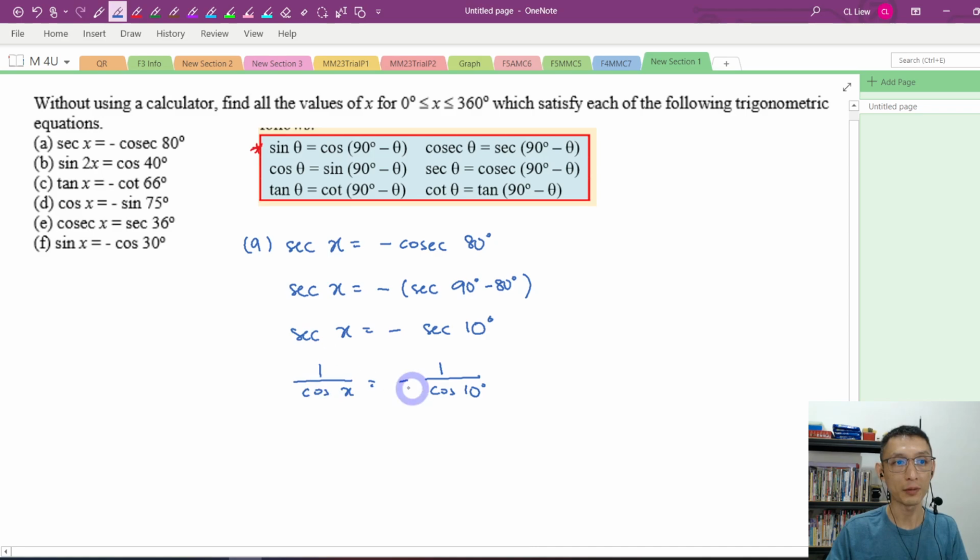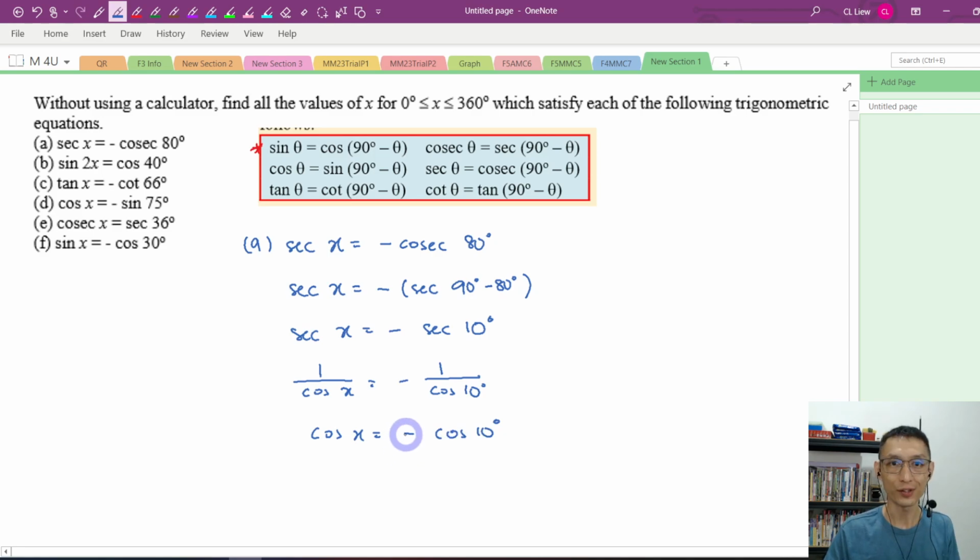Let me do cross multiplication. Cosine x is equal to negative cosine 10 degrees. Now here I actually know the reference angle: it is 10 degrees, right?